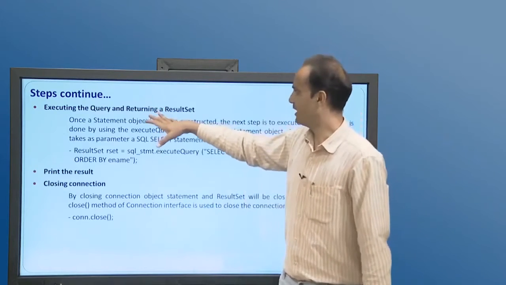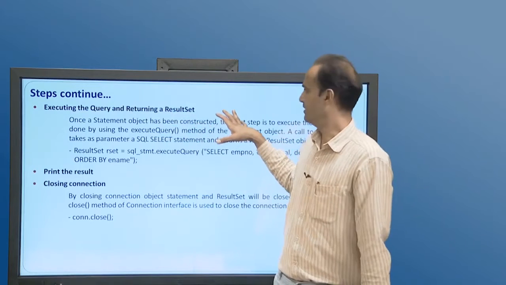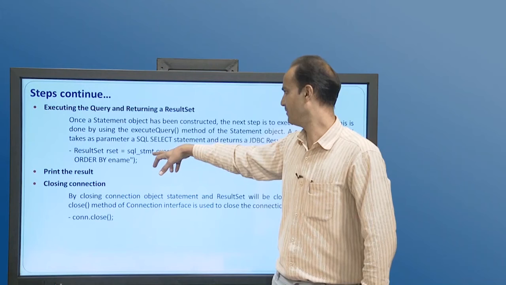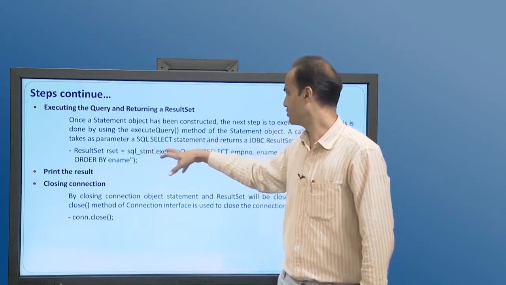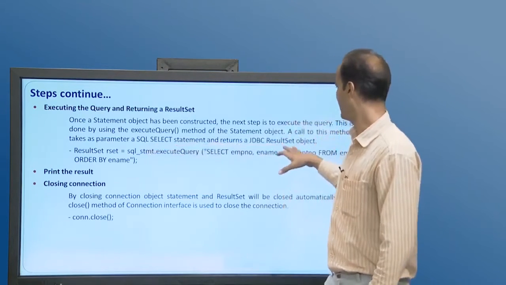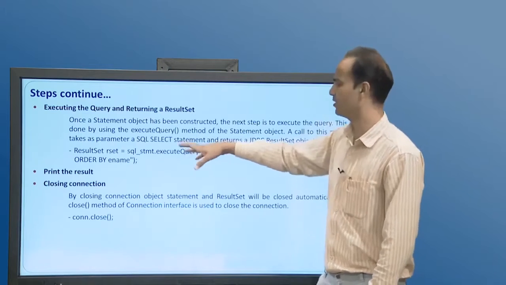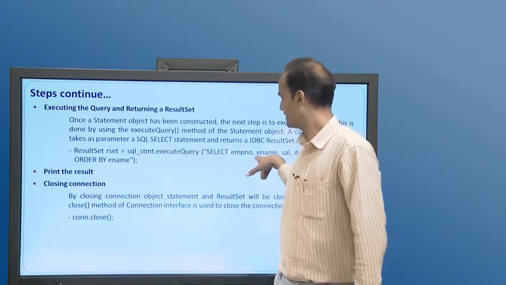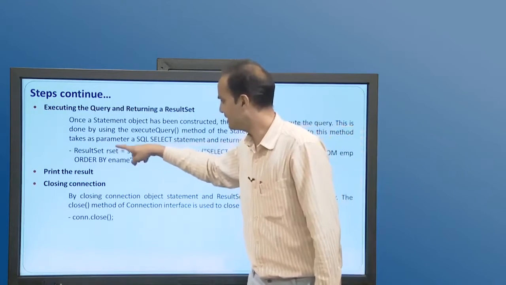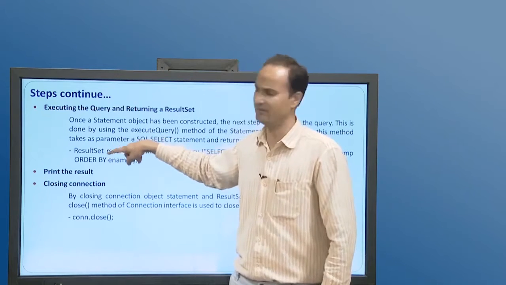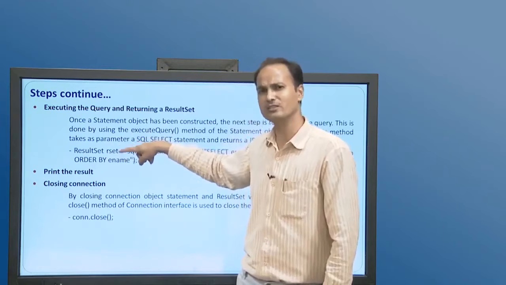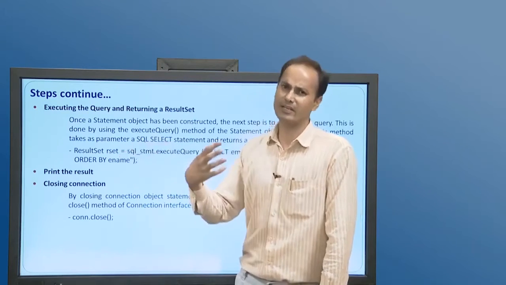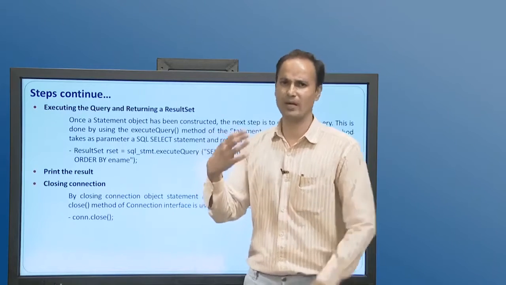The next step is to fire the query and return the result set. We already know that we have a statement instance from the previous slide. Then we are using it to fire a query: select employee number, name, salary, department from employee, order by employee name. The returned records will be stored in the ResultSet instance rset, and we now have our records in this ResultSet instance, and we can manipulate it using the methods of, say, a scrollable result set to fetch records.